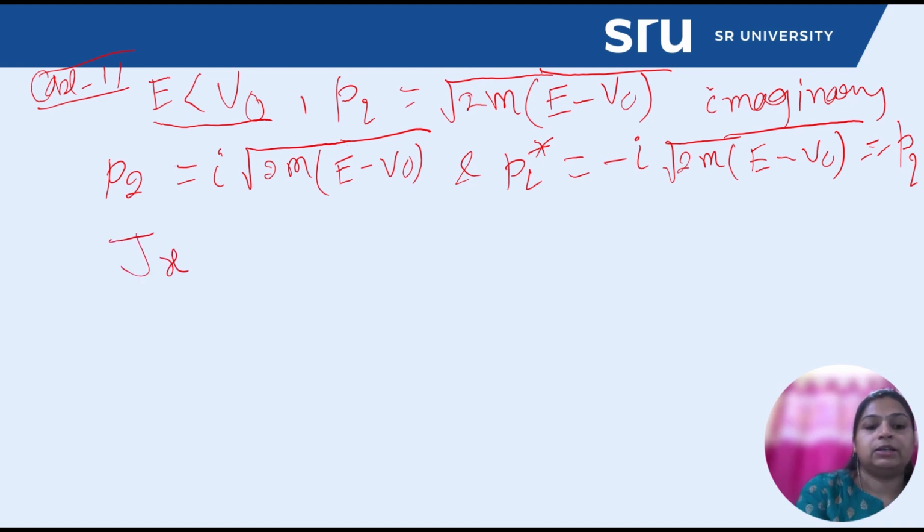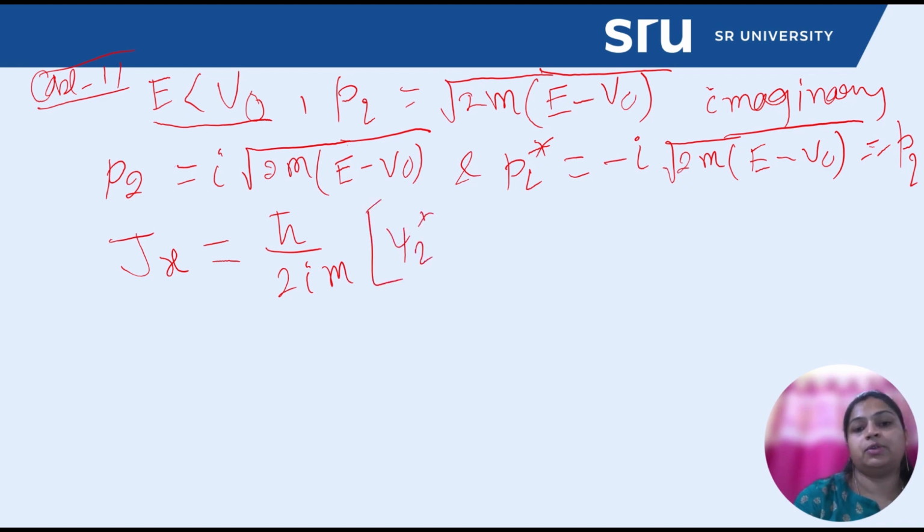Jx is equal to h cut by twice i m into (psi 2 star d psi 2 by dx minus psi 2 d psi 2 star by dx).